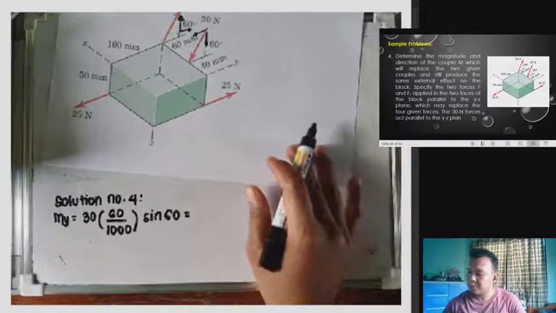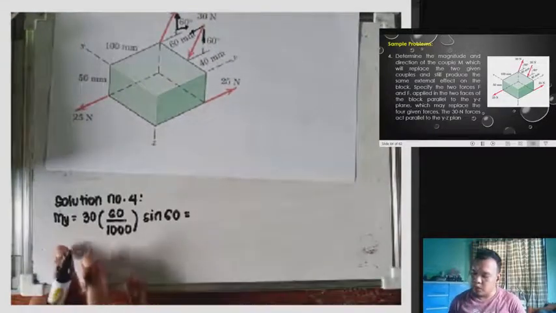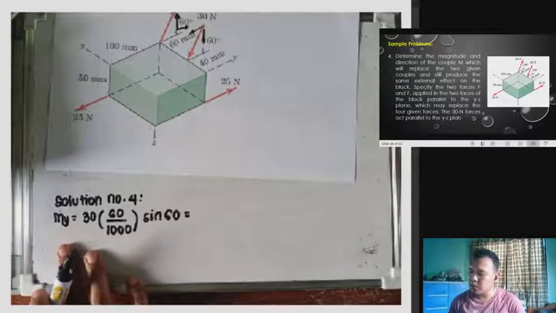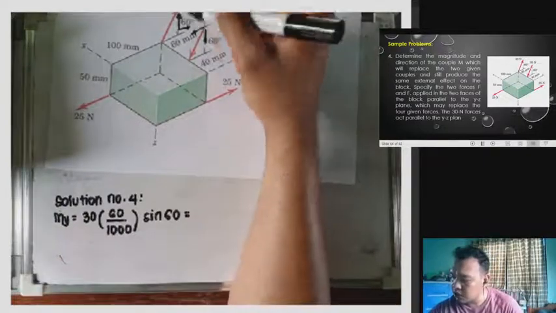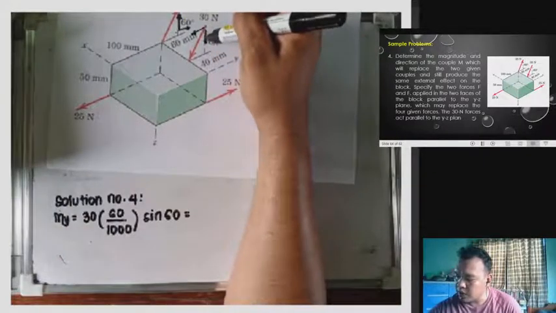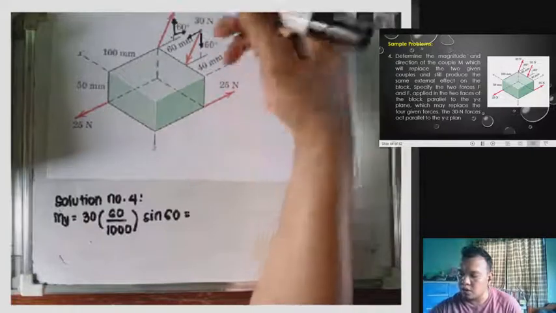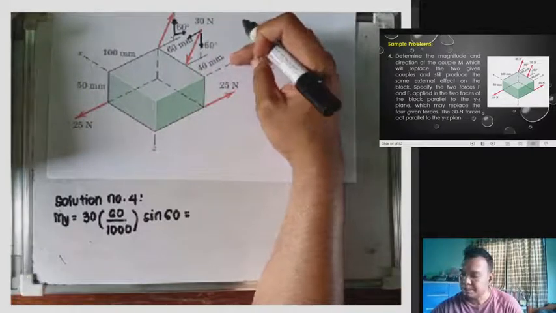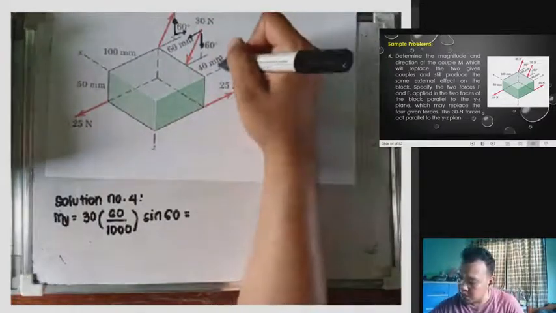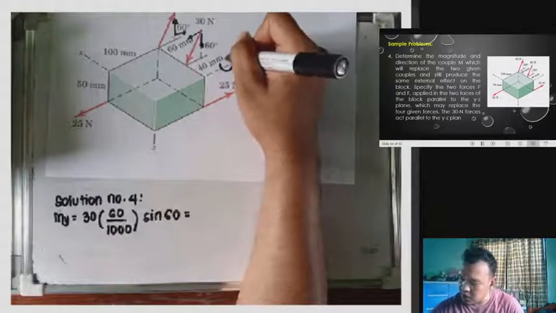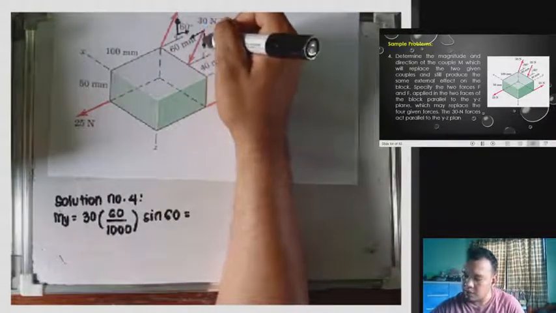So, we have here My. Ang mag-moment lang sa y-axis, kapag tinake natin tong force na ito at ito, yung vertical component nito, yun lang yung nag-moment dun sa y-axis natin. No? So, makakabuo tayo ng pag ganitong galaw ng ito, vertical force.